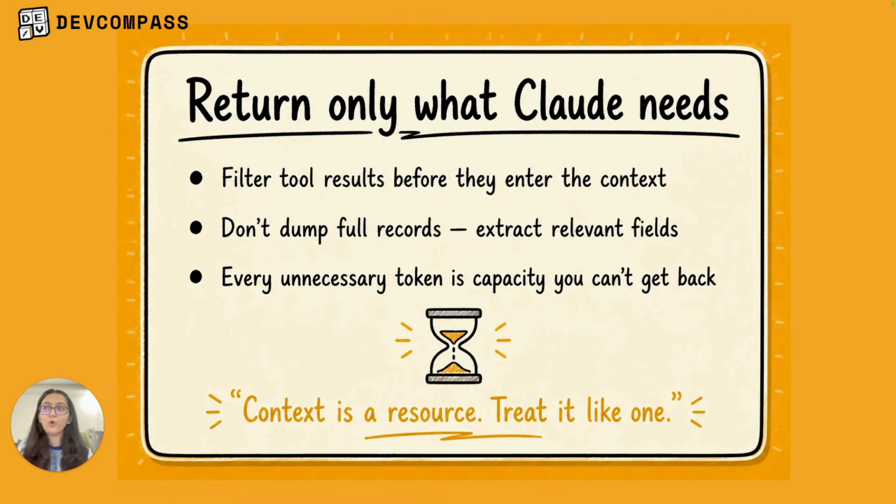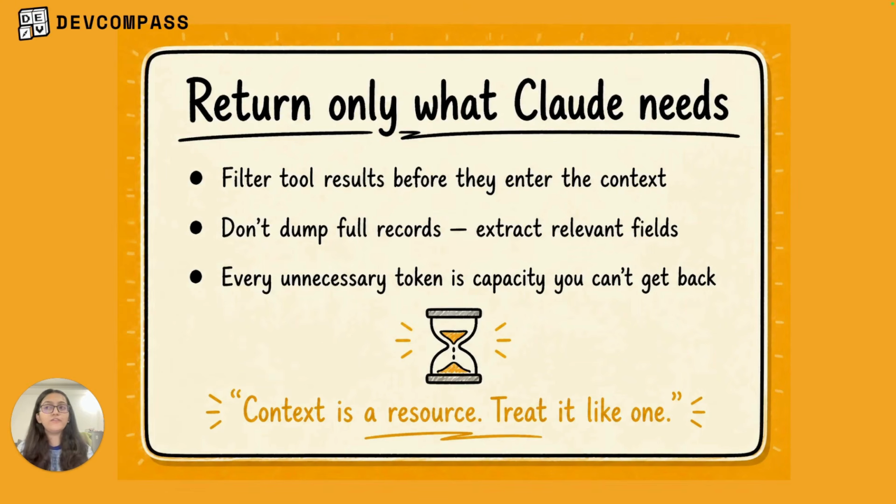Second, don't dump full records. Extract relevant fields. If getCustomer returns the full customer object, address, phone, email, account history, preferences, billing information, date of birth, but all Claude needs right now is the customer ID and account status, return just those 2. Same tool call but much leaner result.